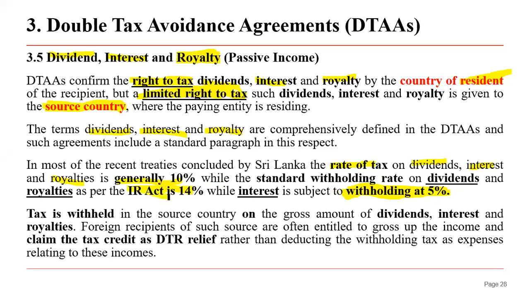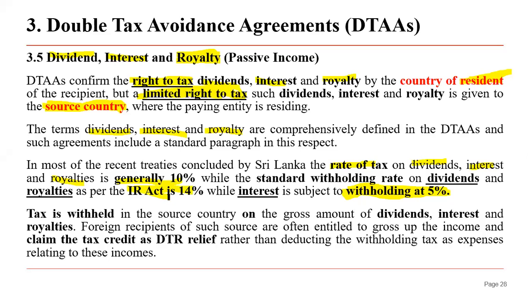Here it is clear that there are two different rates, and the treaty says 10%. There is also the other way around, where the treaty provides a higher rate. Let's say India, interest income, the treaty says 10%, but the IRA Act says 5%.